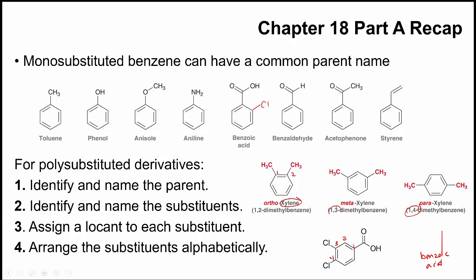But if you have three things on the ring, then you have to go with the numbering. So this would be 3,4-dichlorobenzoic acid. All right, questions on naming those?